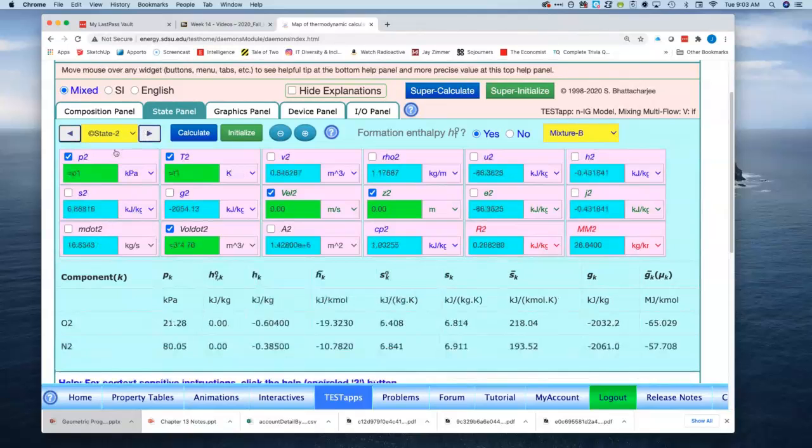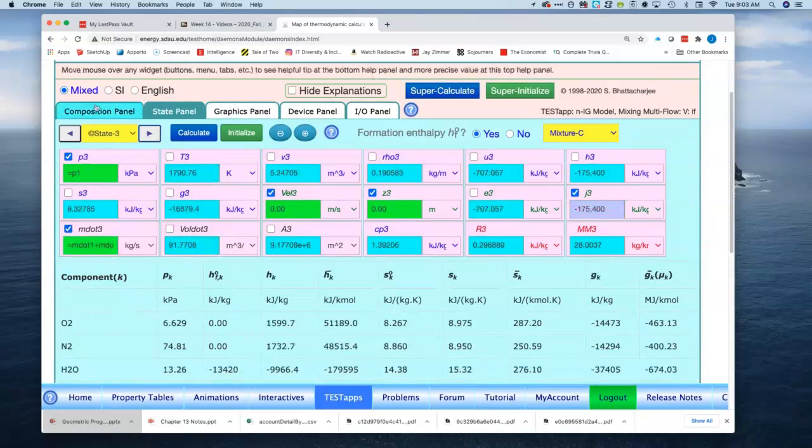This was an important step to get the right stoichiometry with the right excess air term. Then we said, okay, here is our state 3, and we had to make it up as mixture C. We had to perform the stoichiometric balances.